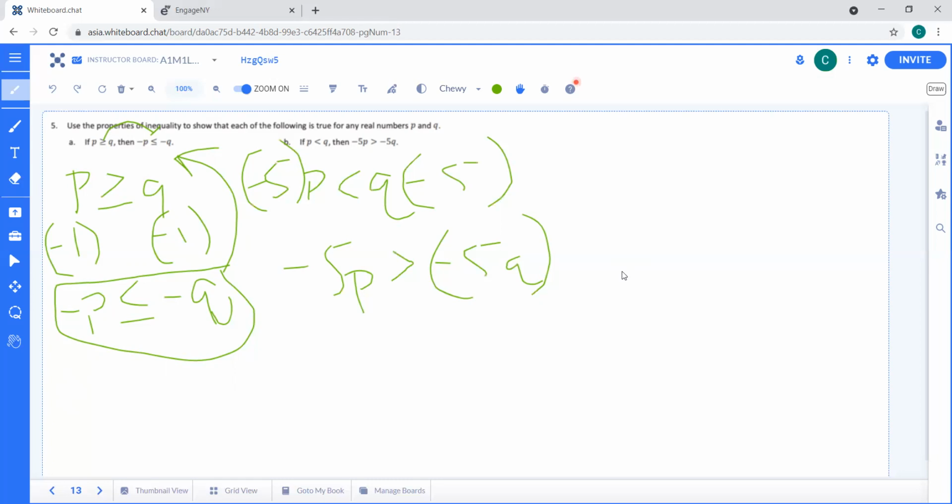Oh wait, I got to keep going here because I got to get this to equal. I'm looking for any real numbers of P and Q. So divide through by -5. I don't know why they would do that.